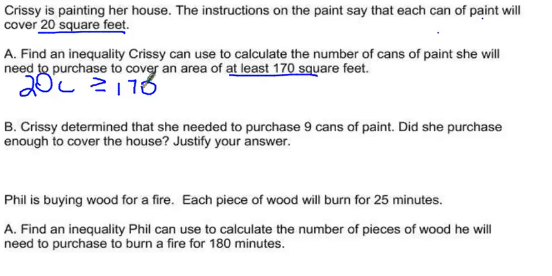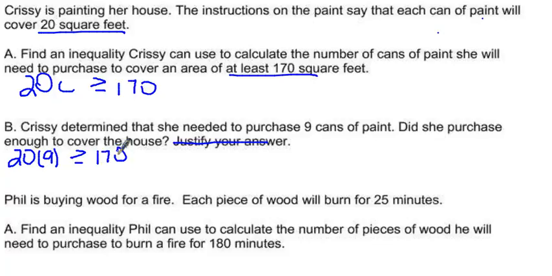Well, it says she determined that she needs 9. So we can replace C with 9 in part B. So we've got 20 times the number of cans, which was C, in this case it's 9, is greater than or equal to 170.